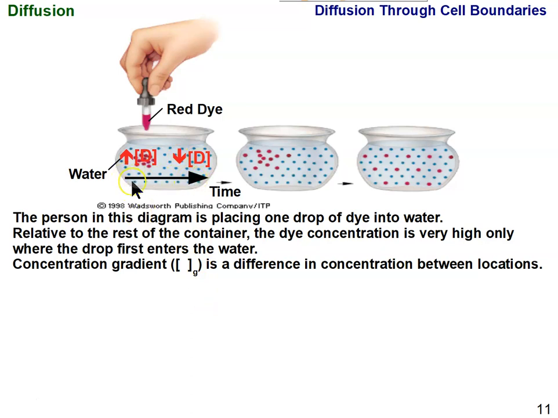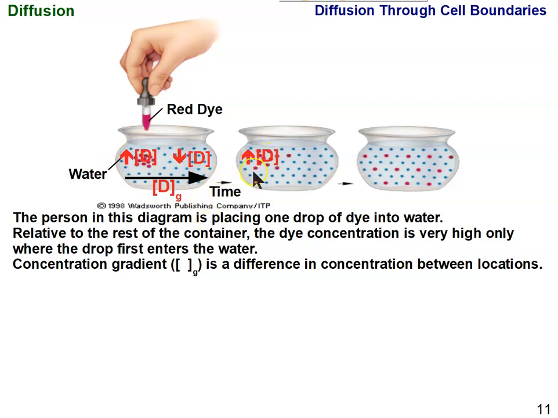So in this case, we have a concentration gradient, and we're going to symbolize that with a lowercase g subscript on the bracket. So you want to read this as the concentration gradient of dye, right? Because the D in the middle is dye. This represents the concentration gradient of dye in this container.